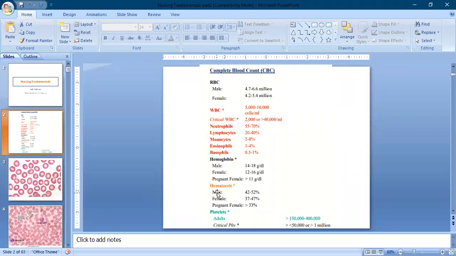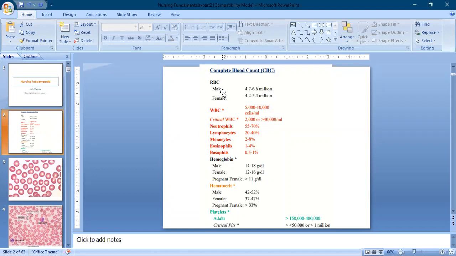So what is the normal range of hematocrit in case of men? 42 to 52%. In case of female, it is 37 to 47%. What is the target range of hematocrit in case of female? It is more than 33%, right?